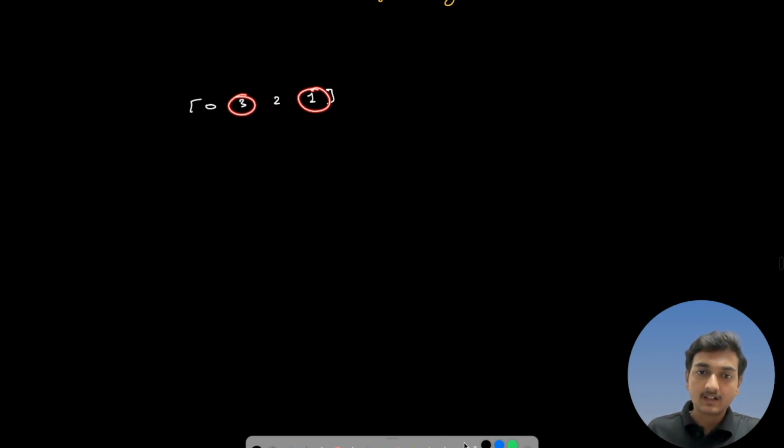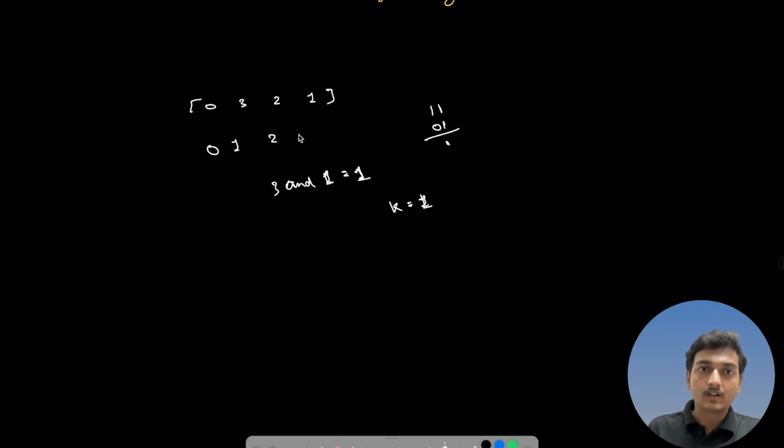If I swap 3 and 1, my AND operation will give me, 3's binary is 1 1, and 1's binary is 0 1. If I do the AND operation, I will get 1. So my k is equal to 1, and if I do this, my array is sorted. That's what I have to do, right?